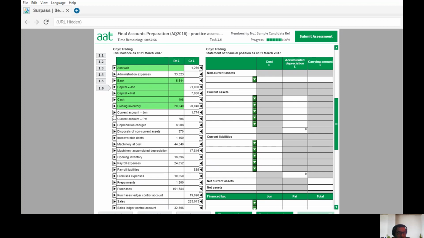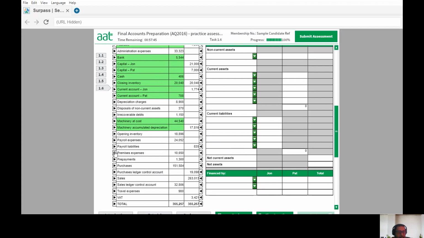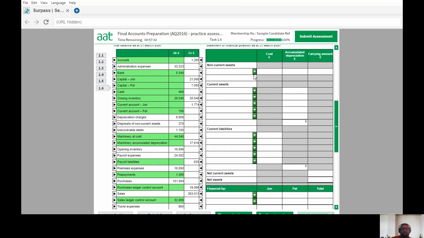Closing inventory goes there. Both current accounts go there. Irrecoverable debt is an expense. Yeah, machinery at cost, machinery accumulated depreciation. Then we have prepayments. Payroll liabilities go there. And then the purchase ledger control account, sales ledger control account, and the VAT control account.